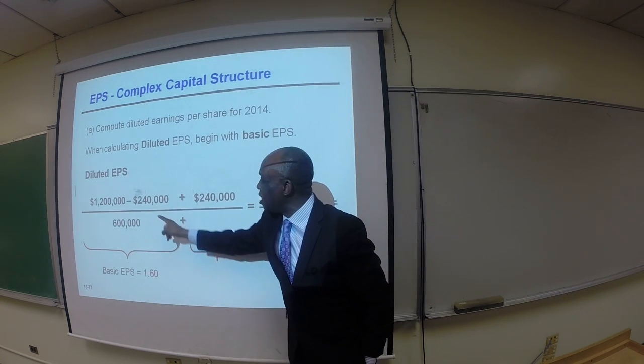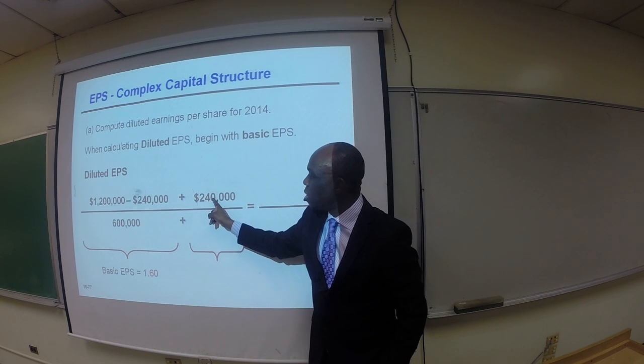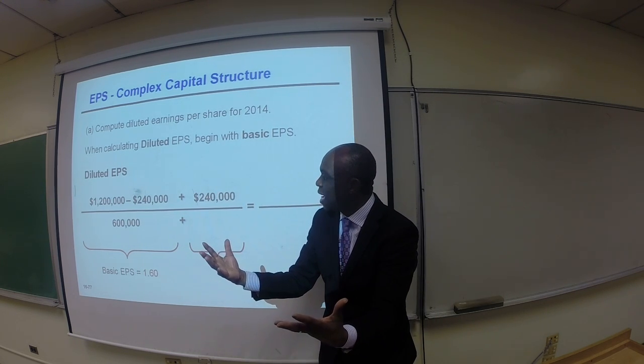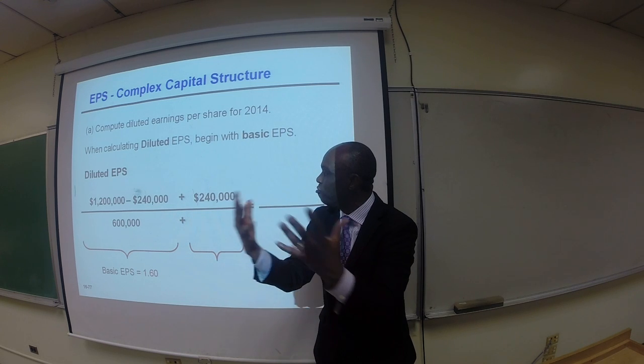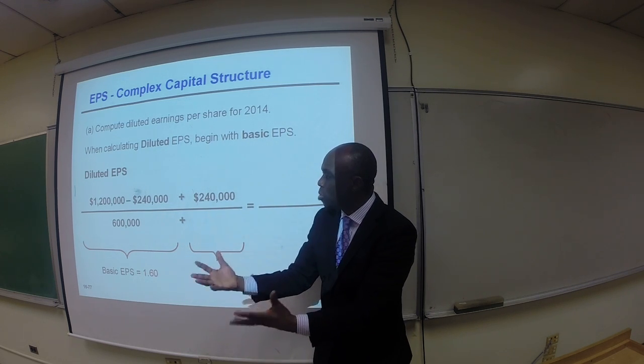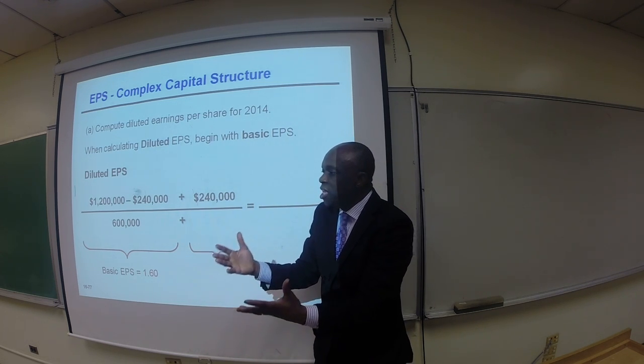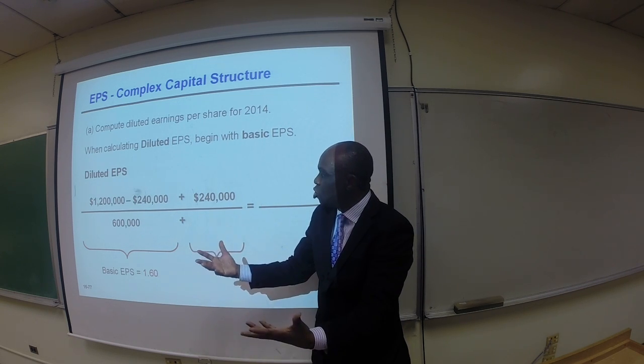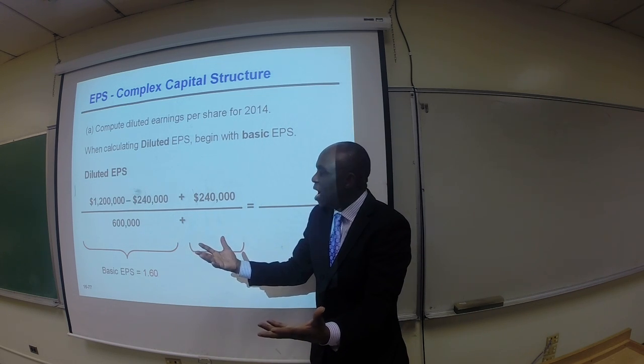Now we are adding the $240,000 preferred dividend. Why? Because here we are assuming that the preferred stock has been converted to common stock. Therefore, the dividend relating to the preferred stock is no longer relevant.